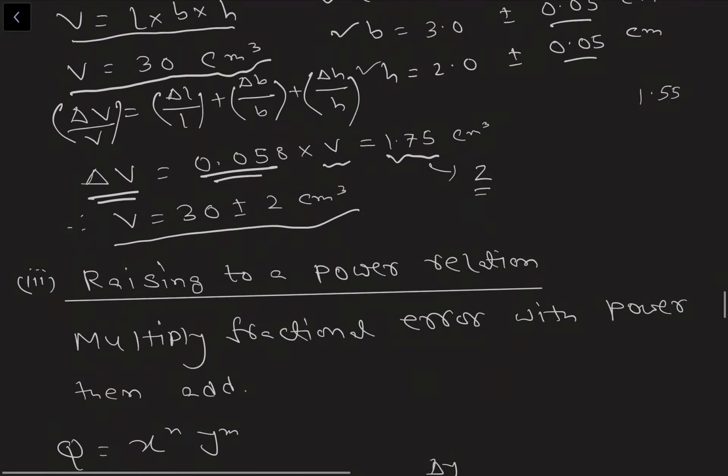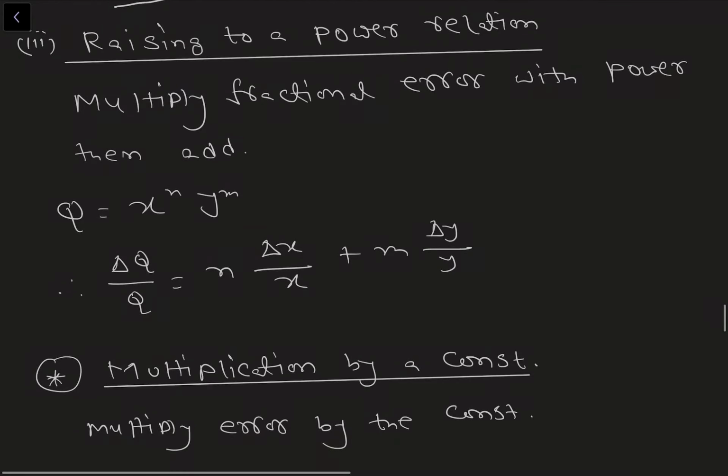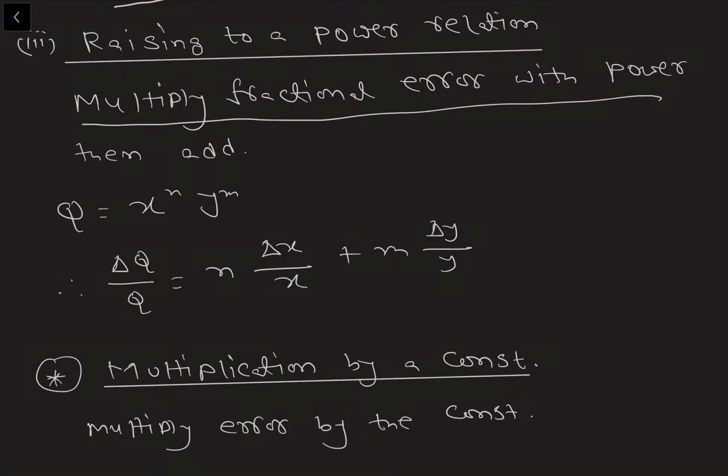We are going to give an example of division very soon. Now we come to the rising to a power relation. We already saw that the rising to a power relation is the same as the previous dependent or independent case. So it is the same: multiply the fractional error with the power, then add.